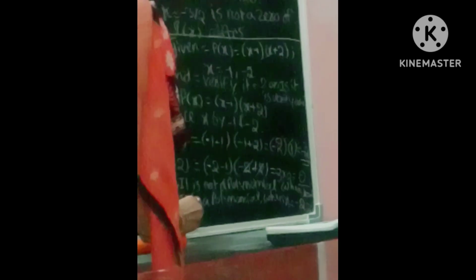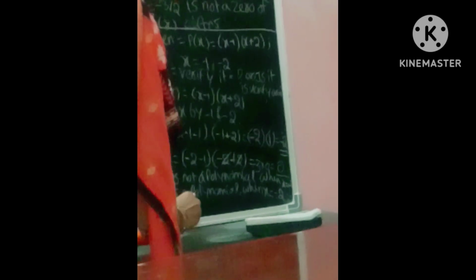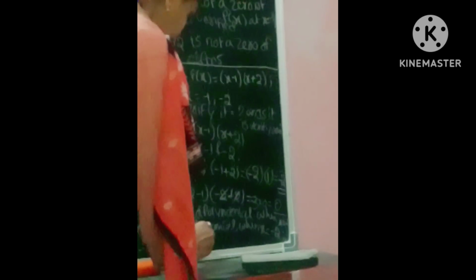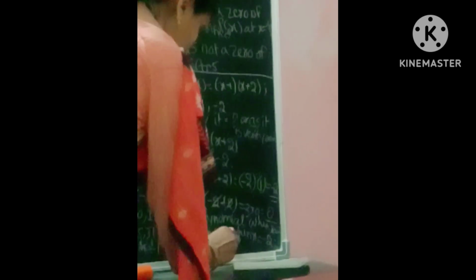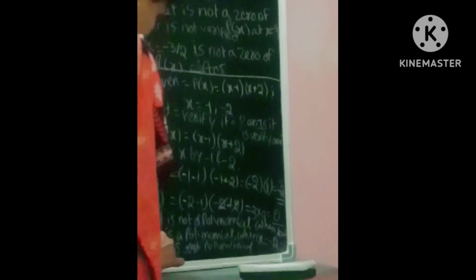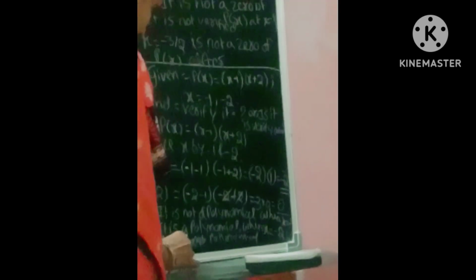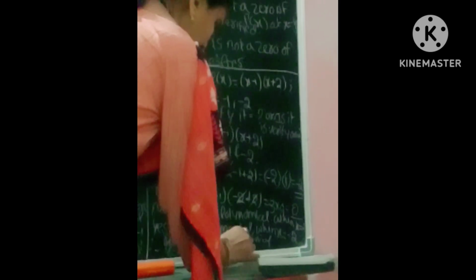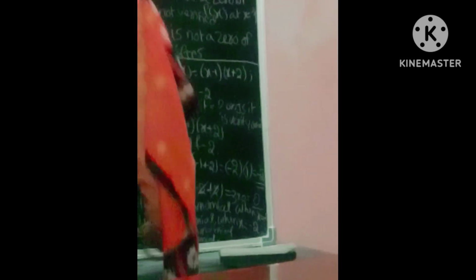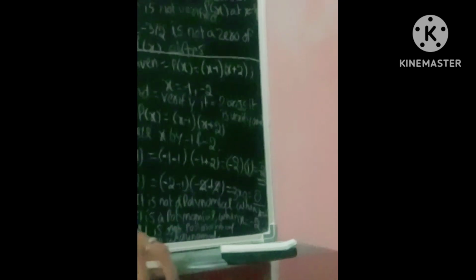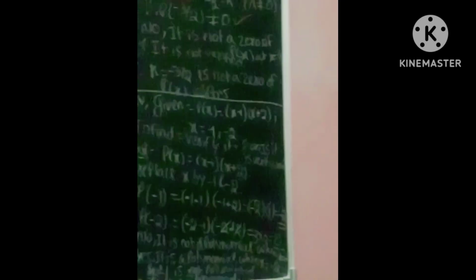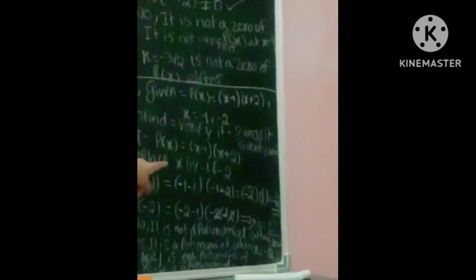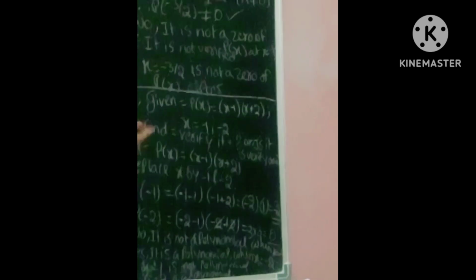Therefore, x equals minus 1 is not a zero of the polynomial, and x equals minus 2 is a zero of the polynomial. Of the two values, in the first case the given polynomial is not verified.